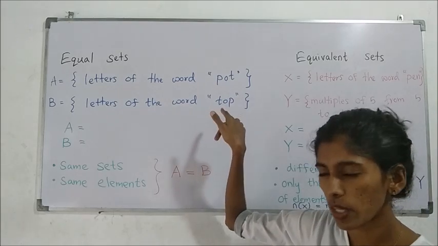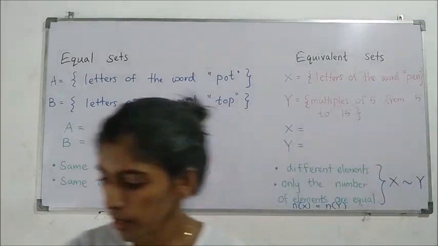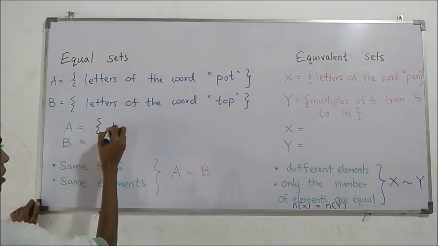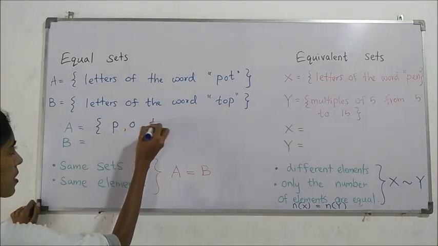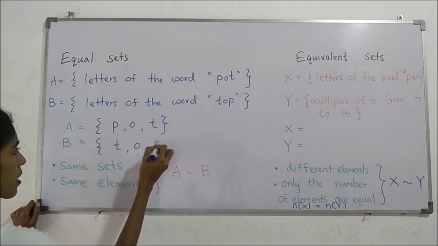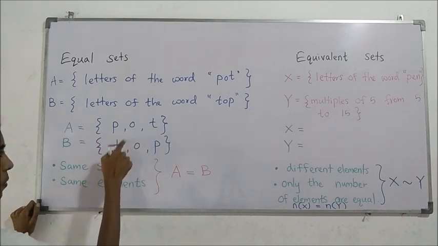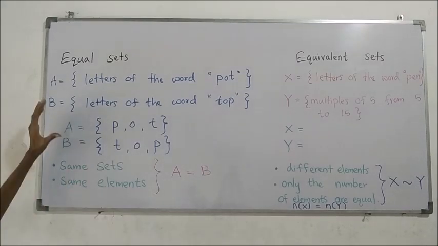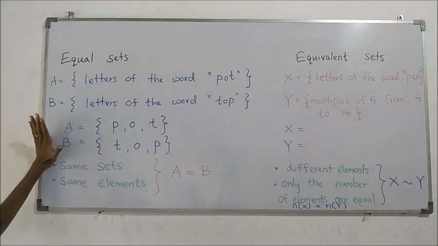2 different sets. Okay, but when we write the elements of these two, see P O T, here T O P, same elements, no? Same elements can be seen. So when there are same elements, same number of elements, then those sets are equal sets.